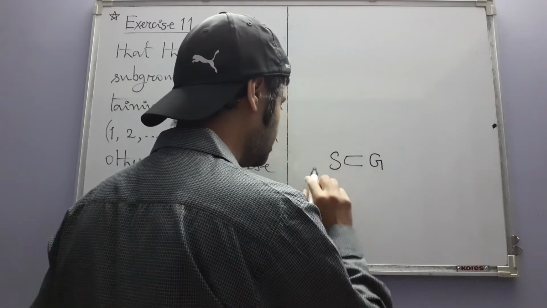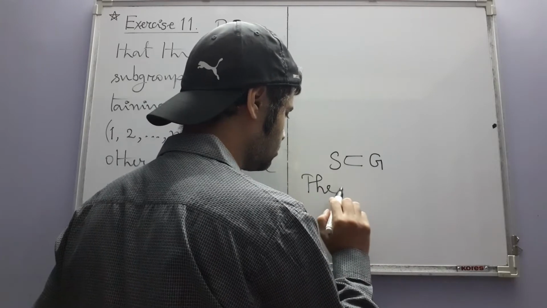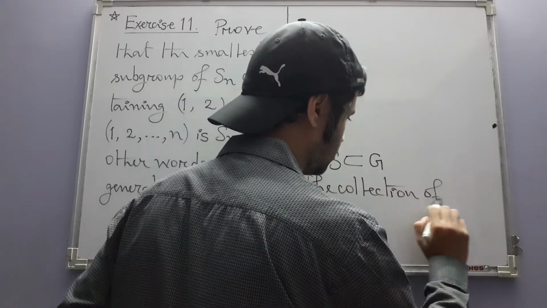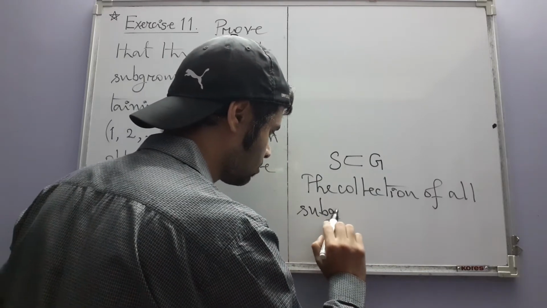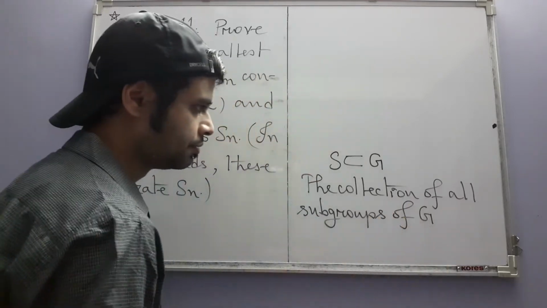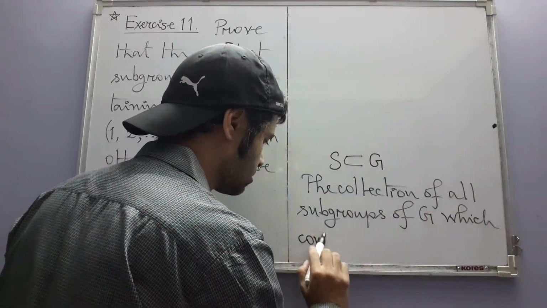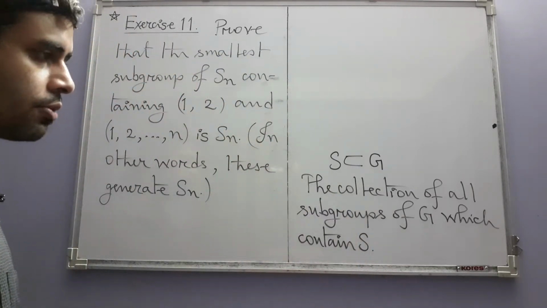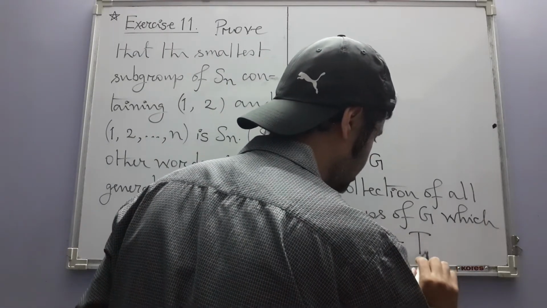What you can then do is consider the collection of all subgroups of G which contain S. Let this collection be given a name also. Say we are calling it T.